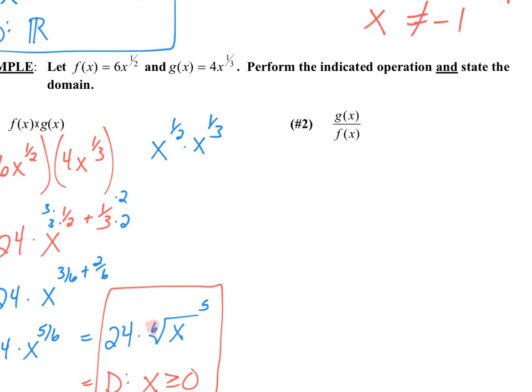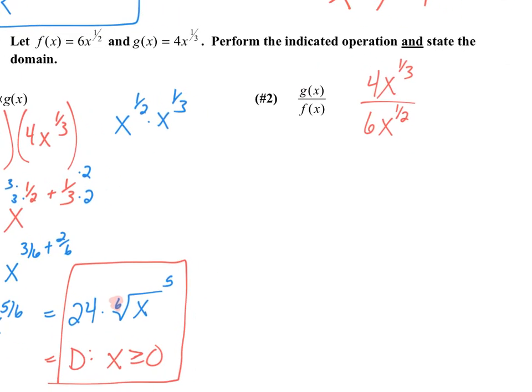Okay, and then number 2, g of x over f of x. So g of x is 4x to the 1/3 power, and f of x is 6x to the 1/2 power. It's probably easier to write the bottom as a radical.